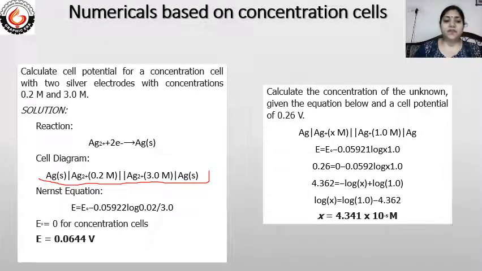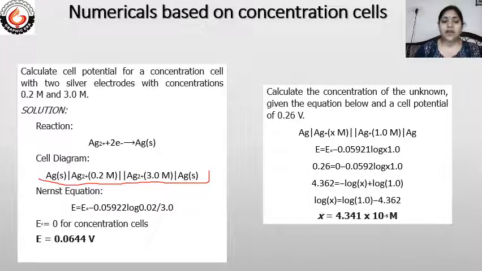After that we will put the values into the Nernst equation, where E equals E naught minus 0.0592 log 0.02 divided by 3.0. These two are the concentrations of the anodic and cathodic sides.